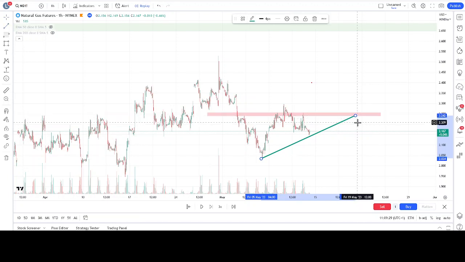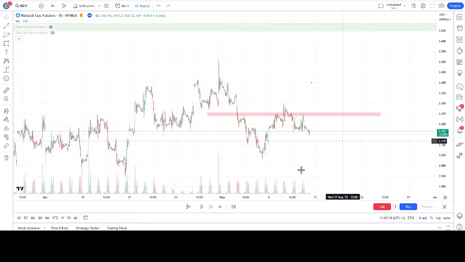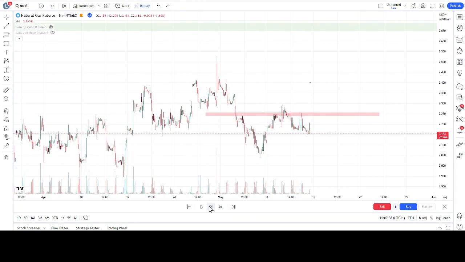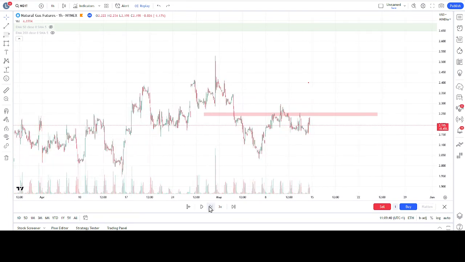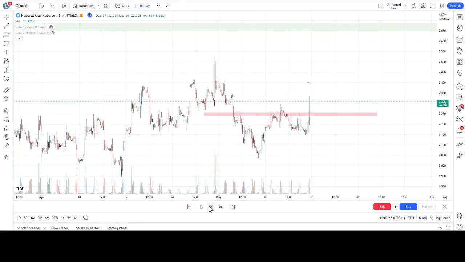So before I draw the trend line, let's play the charts and see where the trend line actually goes. So let me start. Okay, so that seems to be the rising trend line. Okay, let me just get the trend line here.